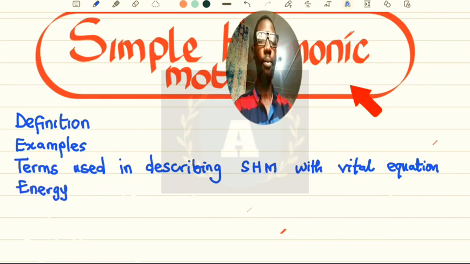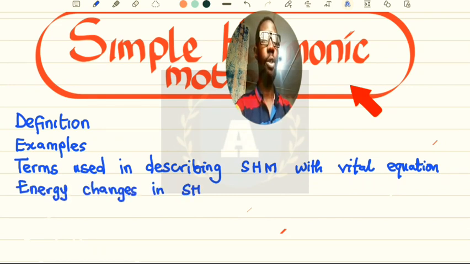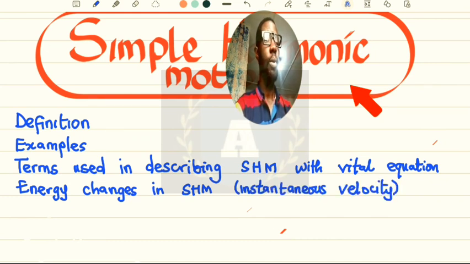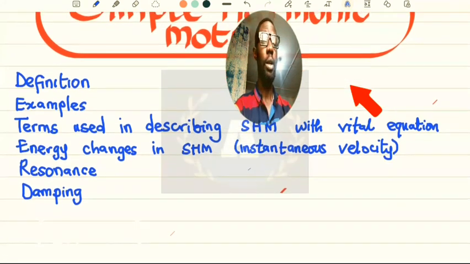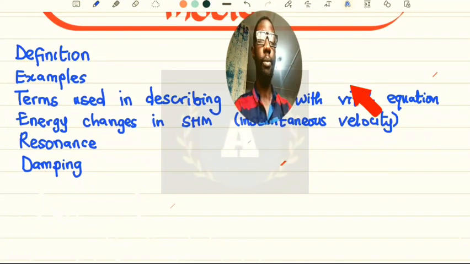Then also we will explain energy change in simple harmonic motion, and there we would derive the equation for calculating instantaneous velocity. Then also under this topic, we would explain resonance in simple harmonic motion. Then after explaining resonance, we make sure to explain the concept of damping.